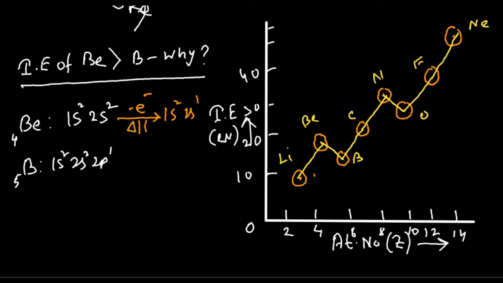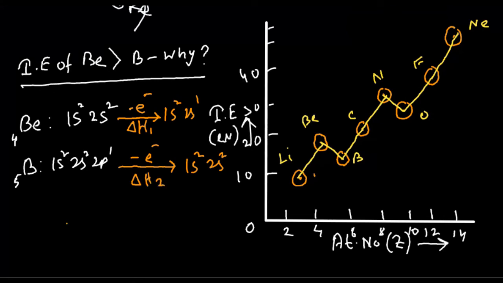Suppose this is delta H1. While for boron, you can see only one electron is present in the 2p orbital. So if boron releases its 2p electron, it will gain the stable, fulfilled s configuration, isn't it? So if I consider it as delta H2, then this process will occur very easily.